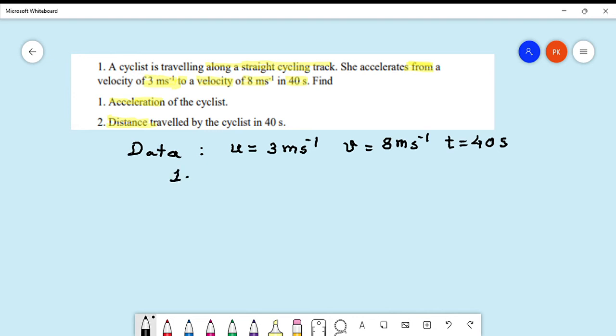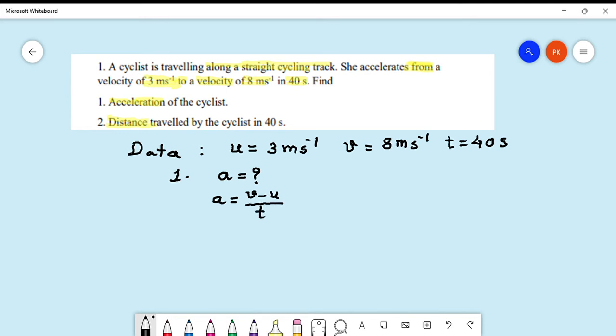So, come to the first part of the problem. What is asked to you? Acceleration. A is equal to how much? What will be the formula that we will be using? Change of velocity divided by time.